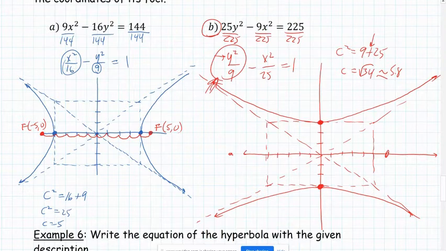So if we count up 1, 2, 3, 4, 5.8, that's right about there. And then back to the center, go down 1, 2, 3, 4, 5.8, be right about there. And so this is a focal point at 0, root 34, and this is at 0, negative root 34.